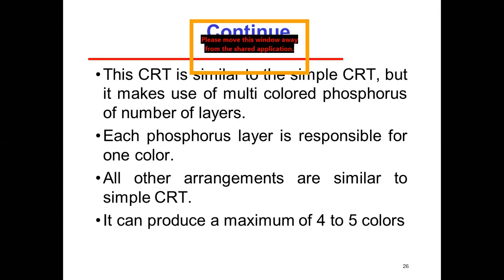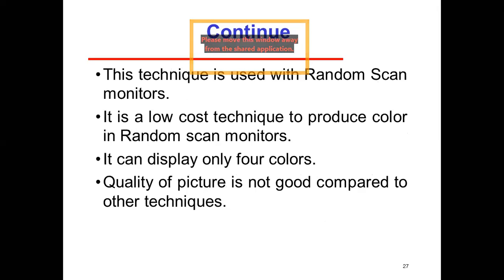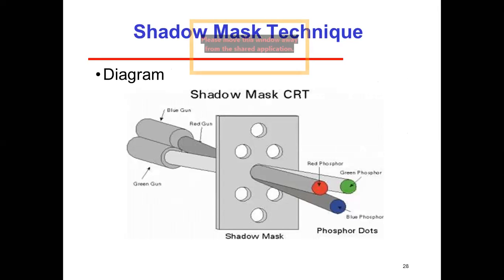All other arrangements are similar to the simple CRT. It can produce a maximum of 4 to 5 colors. This technique is used with random scan monitors. It is low cost. It can display only 4 colors. Quality of picture is not good. So this is replaced by the shadow mask technique.